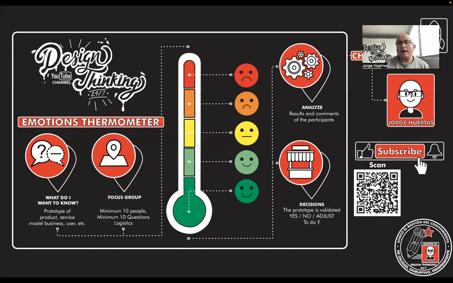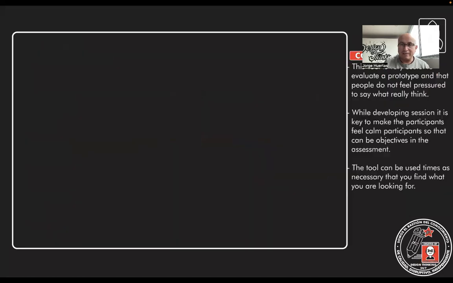Here you can go back and make a new prototype because what you are doing is not working. That is very interesting. You can make small adjustments, or even if the feedback is really, really bad, you can say, yeah, we need to do something else because this is not working and people don't like it. That is extremely important to understand.